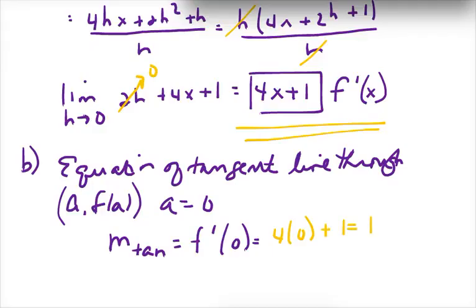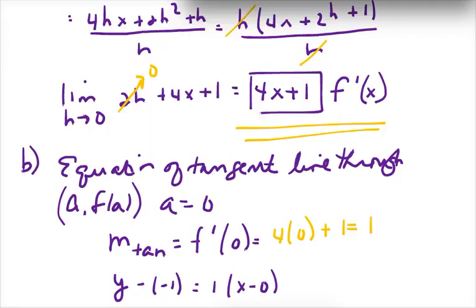Finding the specific equation of that tangent line, you're going to get y minus negative 1 equal to the slope, 1, times x minus 0. How did I get negative 1?